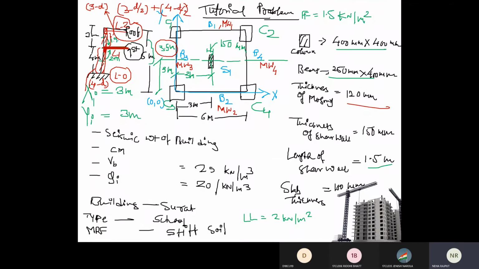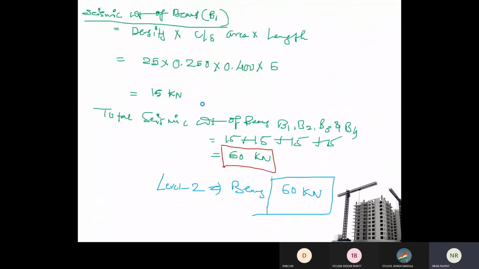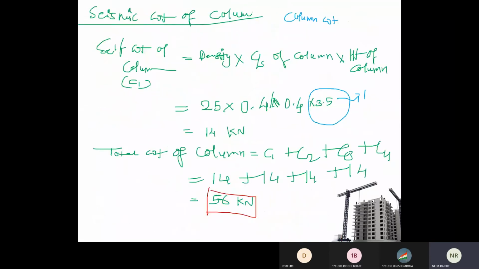This is 3 meter. Half will transfer to above, half will below. So above roof level પર level 2 પર કેટલું થશે transfer? Only 1.5 meter. Right. So here you need to write 1.5 meter. Chalo quickly find કરો. What will be the weight? Total weight. 24.